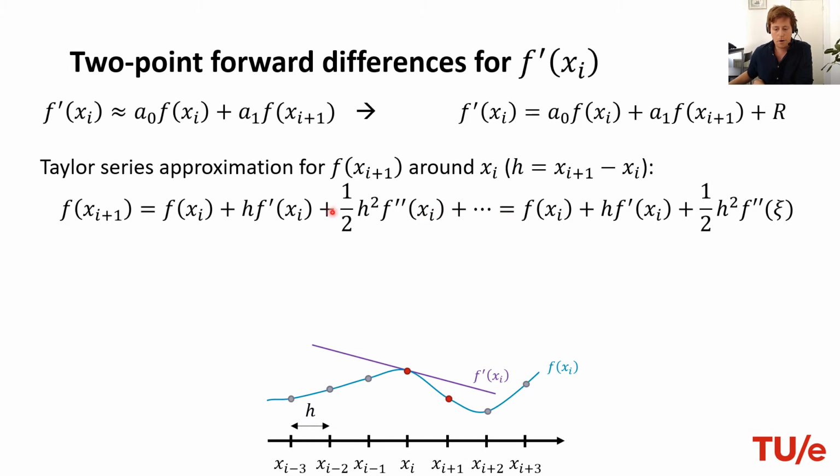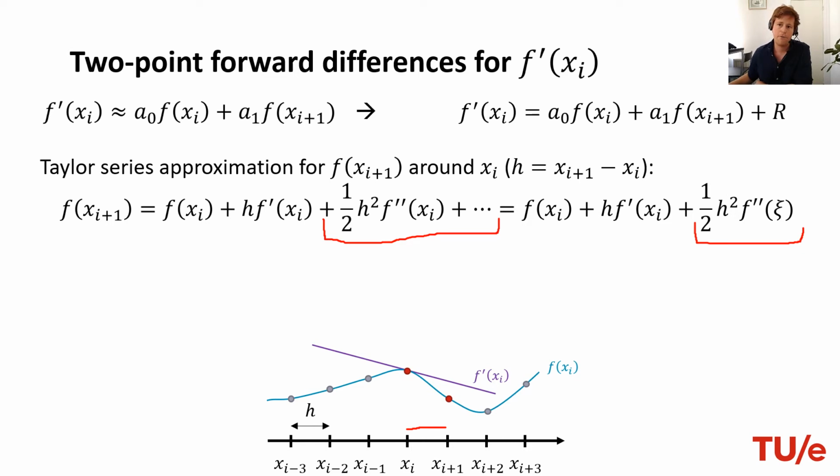Let's group all these terms. So let's say that we would truncate after this term, and let's group all the remaining terms into the following remainder term, which is based on Taylor's theorem from the previous slide. So we can rewrite this infinite amount of terms in the full Taylor series expansion by this single term, where xi is somewhere in between xi and xi plus 1.